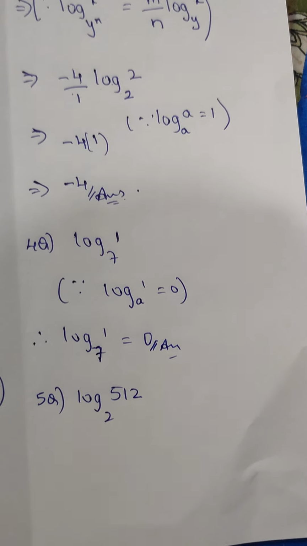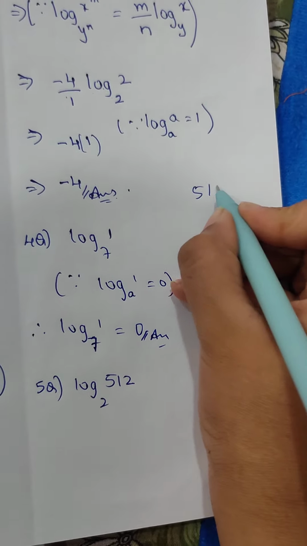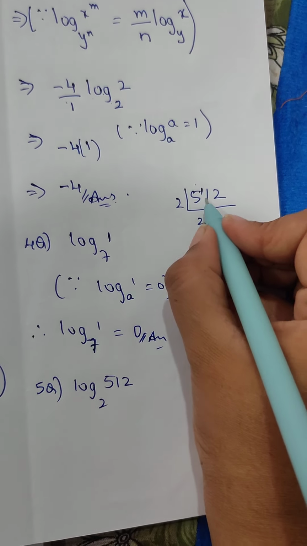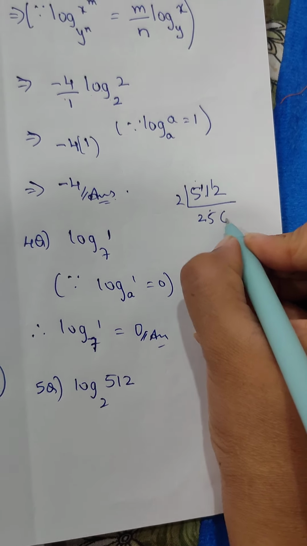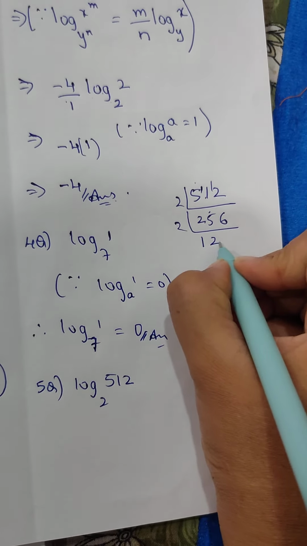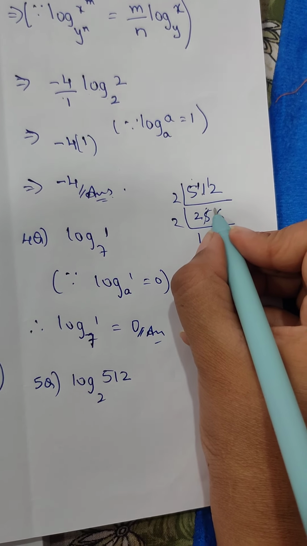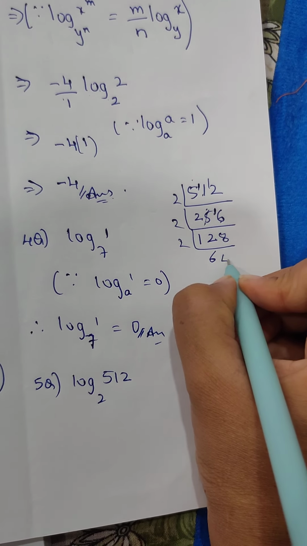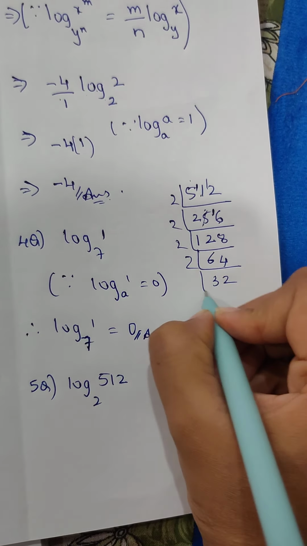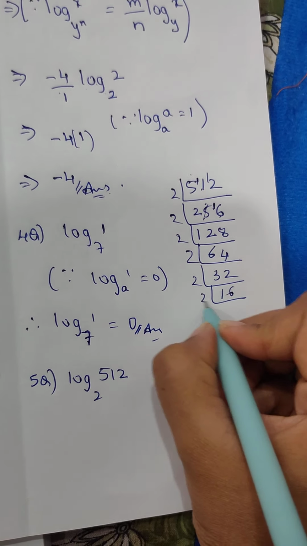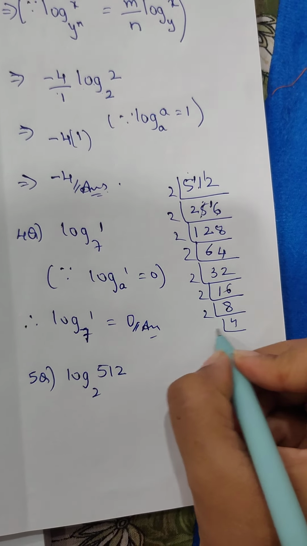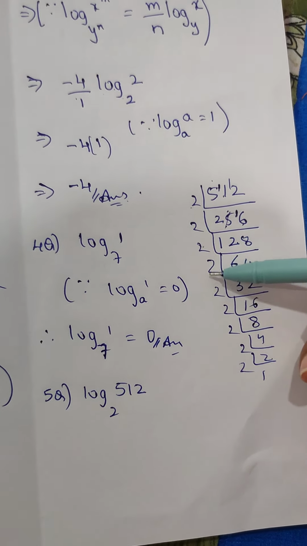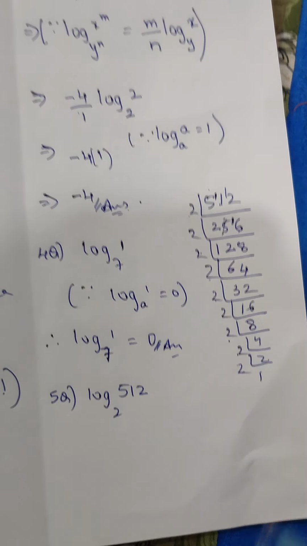So we will do prime factorization for 512. 2 2s are 4, 2 5s are 10, 2 6s are 12, 2 8s are 16, 2 4s are 8, 2 2s are 4, 2 1s are 2. Now we count how many 2s there are: 1, 2, 3, 4, 5, 6, 7, 8, 9. So a total of 9 2s are there.